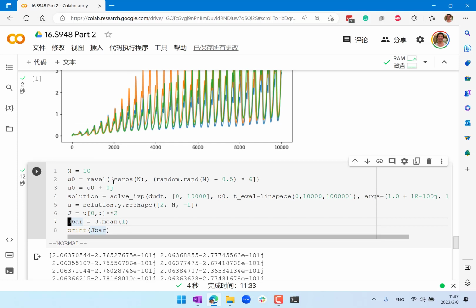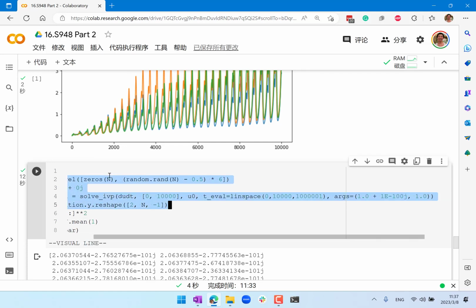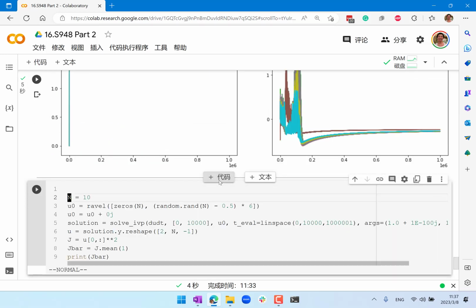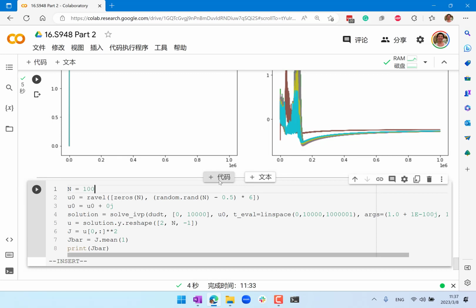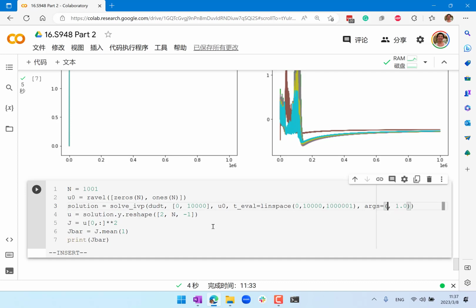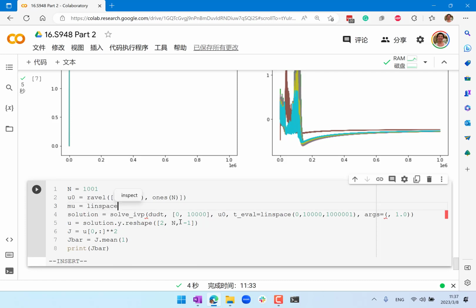Okay, so let me just do this again. We want to compute over a much longer, much finer parameter range. So let's make 1001 parameters, and let's make them start at the same location. Let's make them real so that my calculation can be a little bit faster. Here's my initial solution, but I'm going to make my mu a function.